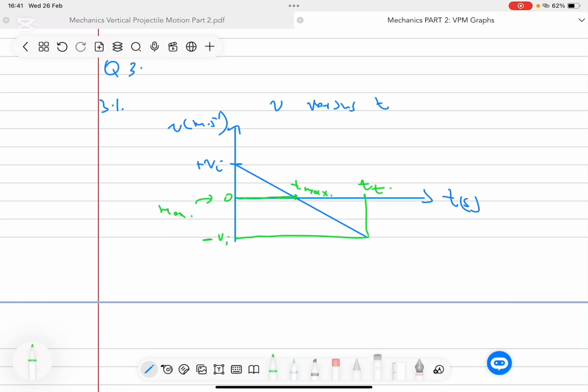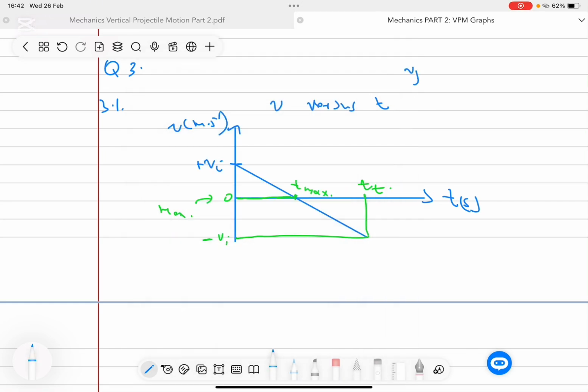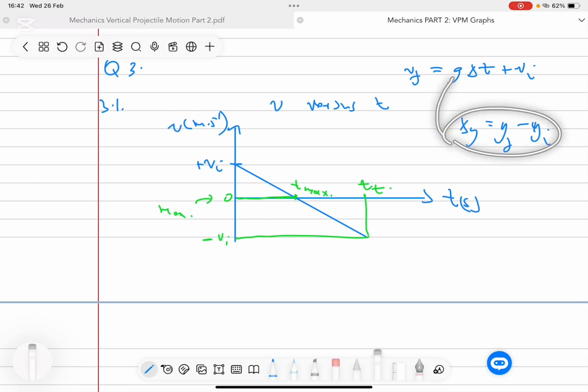Now, this is a very important observation. If we look at the formula that we used to draw this graph, which is a straight line formula, we can see that the position or displacement is not part of this equation. In other words, the change in y, which is y final minus y initial, is not available in this equation.